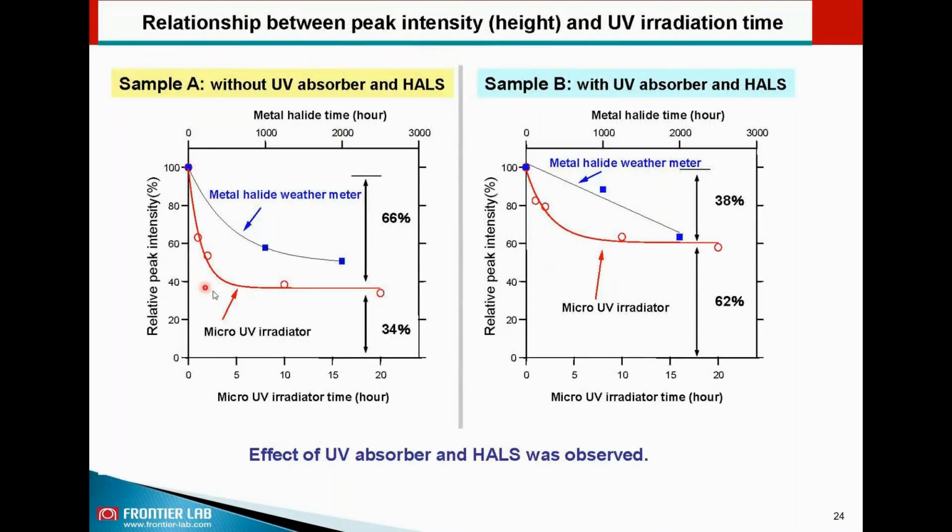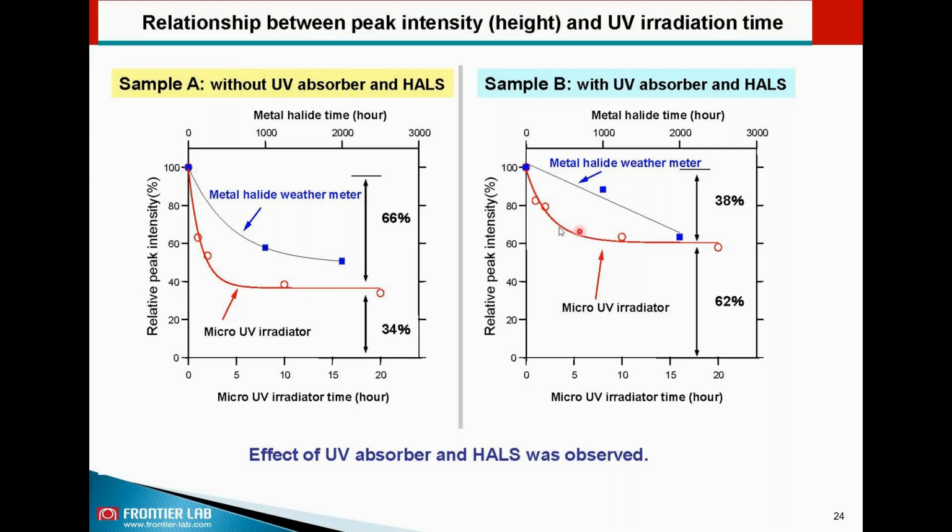So we can see that 5 hours or more can easily decompose or disintegrate 65% of the polymer paint. But the same data needs 2000 hours from the weather meter. So that is the benefit of using this online UV radiator compared to the weather meter in a laboratory setup.